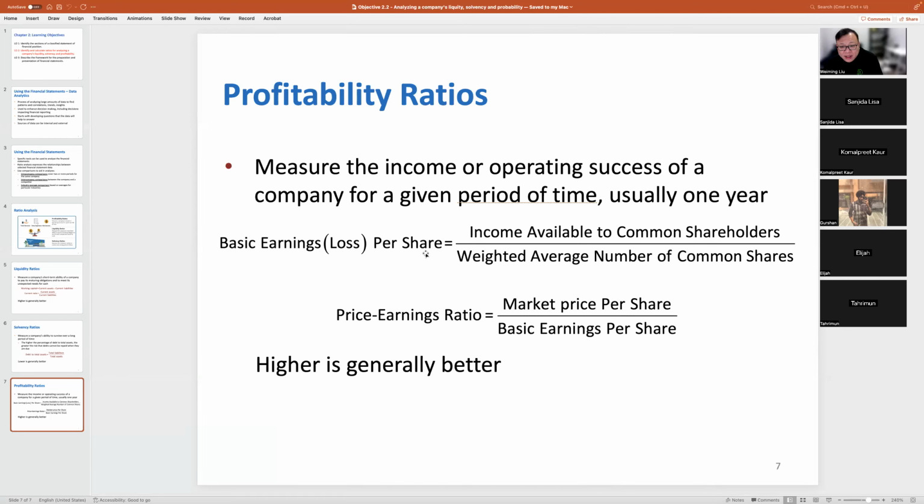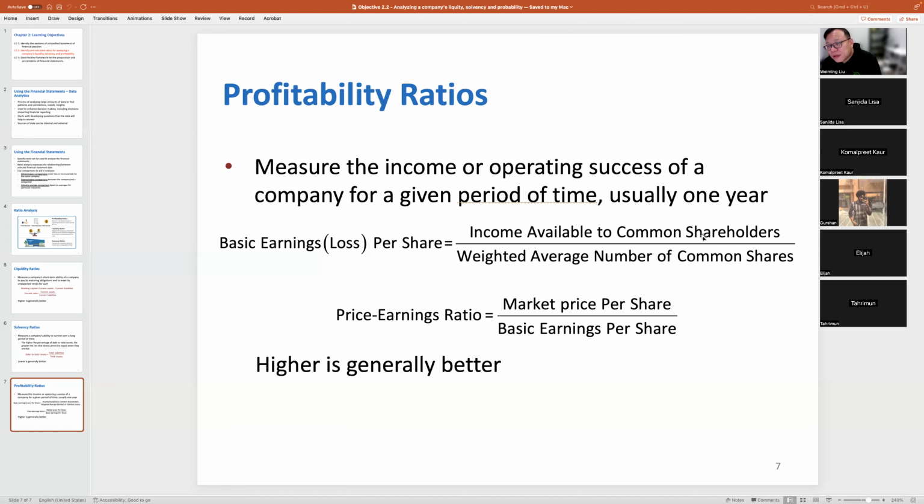So basically, you have a division here. Income available to common shareholders. Okay, the income that is available to the common shareholders. The reason why we talk about the common shareholders, remember there are also preferred shareholders.